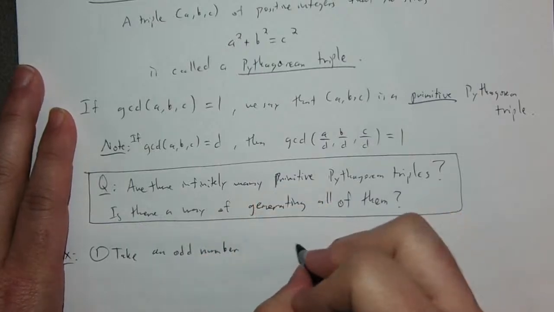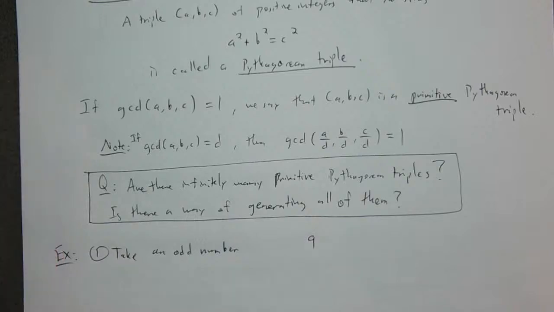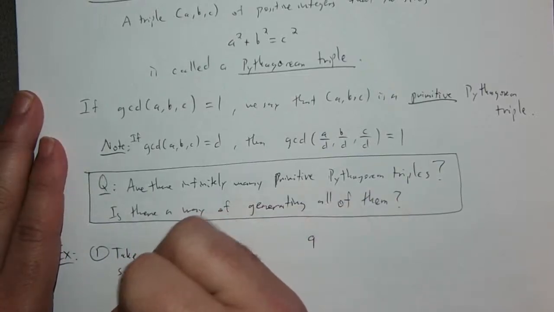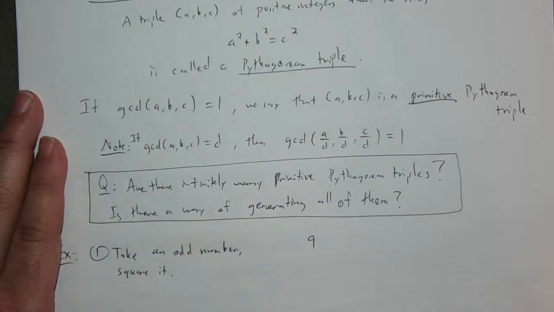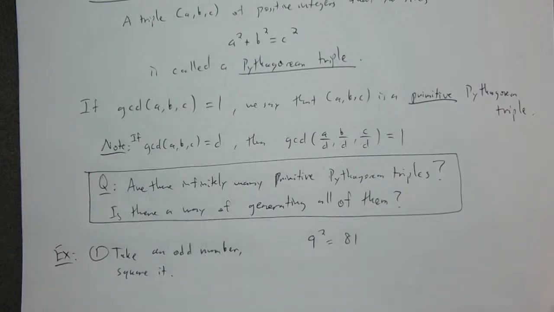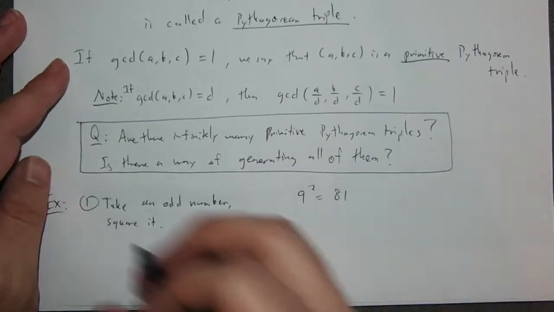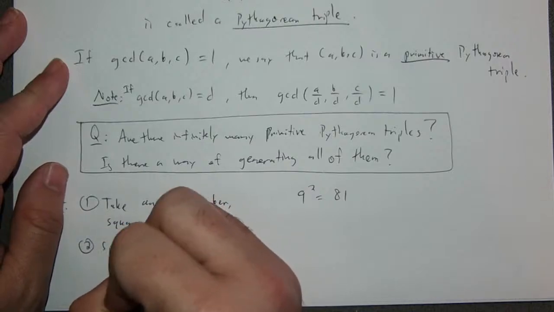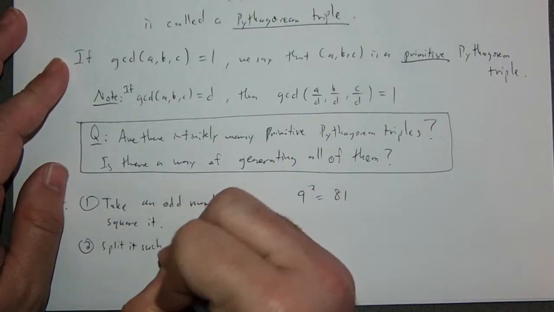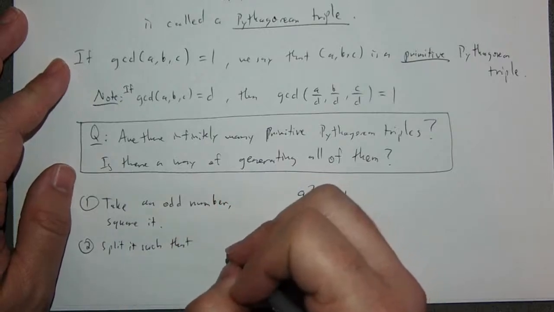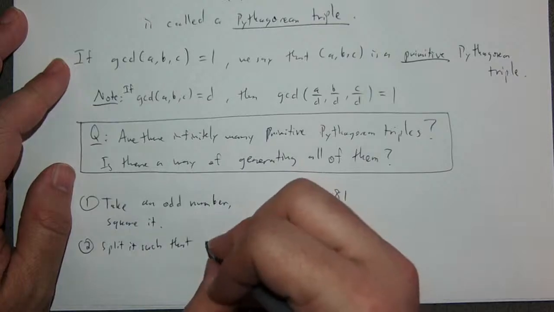I'm just going to take 9 here. Take an odd number and square it. So 9 squared is equal to 81. Second, split it in such a way that you have a difference of 1.